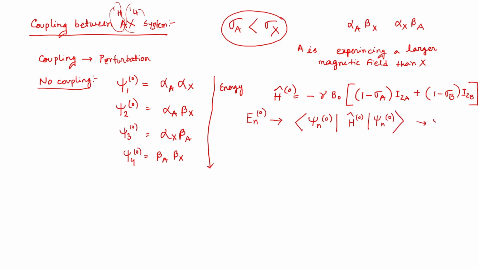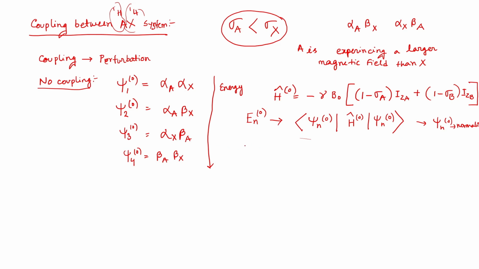This is when ψ_n^0 is normalized, right? This is coming from a postulate of quantum mechanics, right? So the average energy, or if it was not normalized, then you have to take a denominator, that is ⟨ψ_n^0|ψ_n^0⟩. So here all are normalized. So this is going to be the energy.